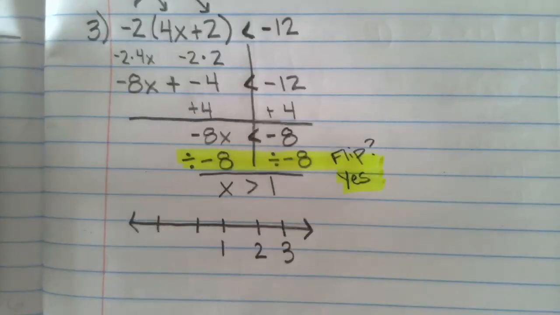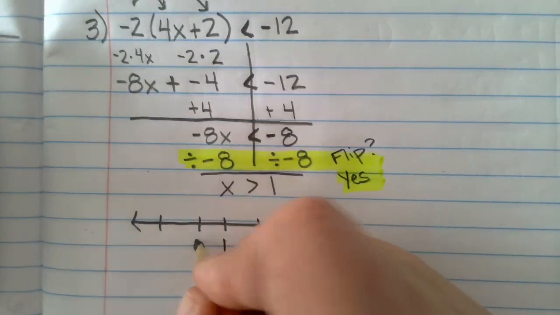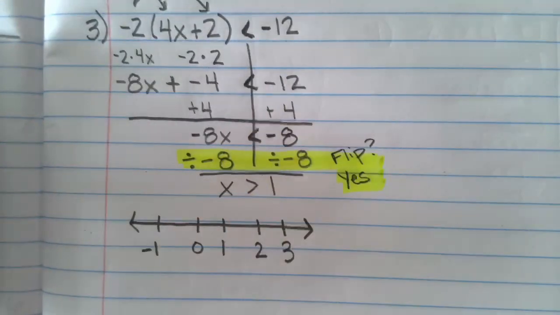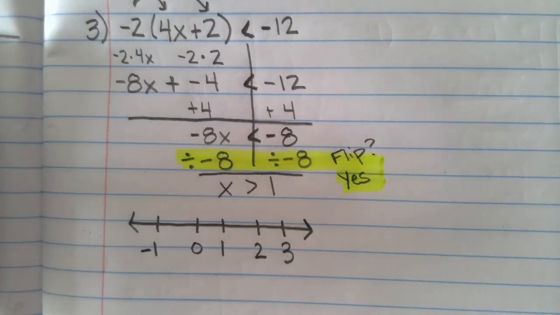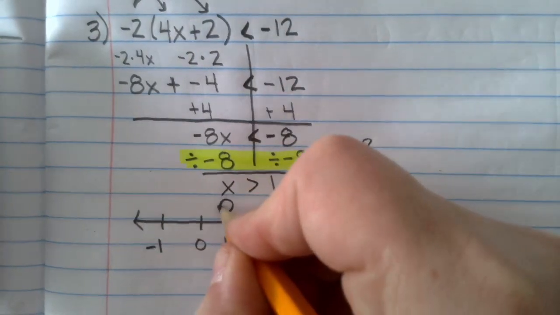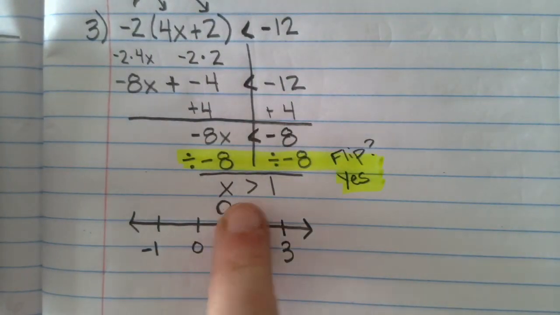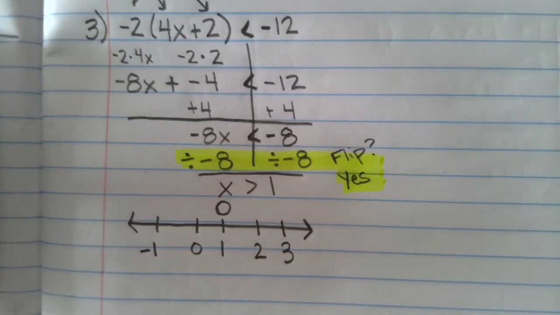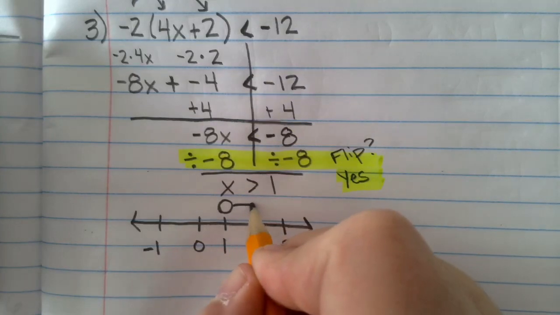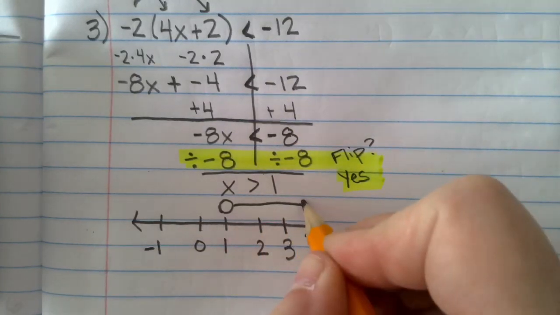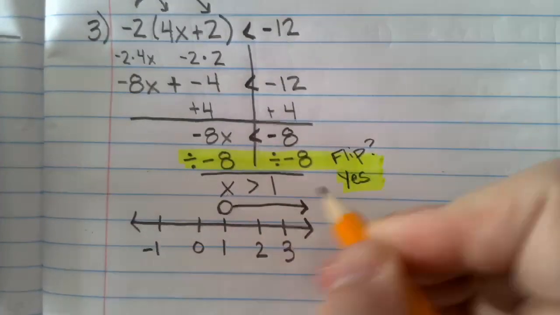To the left of 1. 0. Open or closed? Open, good, because no equal to. And I want numbers greater than 1. So are the numbers greater than 1 to the right or to the left? To the right.